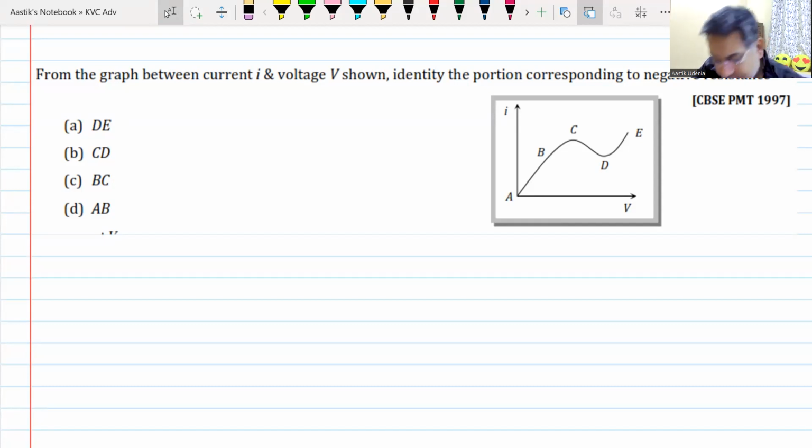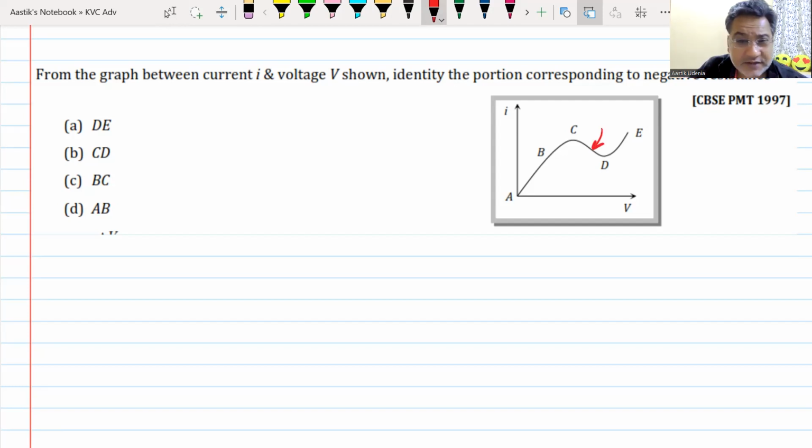As I told you, a VI graph may not be a straight line. If it is a straight line, it is known as an ohmic substance. Here it is not a straight line. For some portions it is straight, for others it is not. Where do we have negative resistance? CD. This is the only portion where the graph has got negative slope.